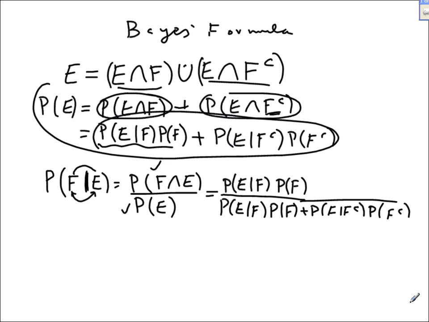Okay. The probability of F given E. For one reason or another, we don't know the probability of anything given E. But we know the probability of things given F. So, first thing, I interchange these two.